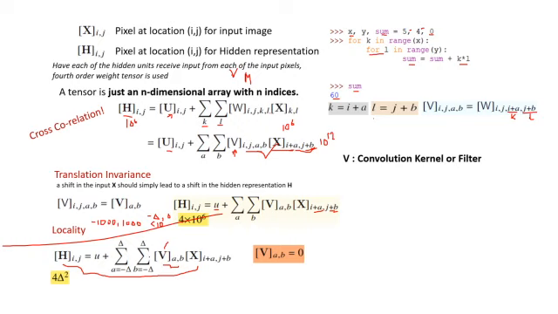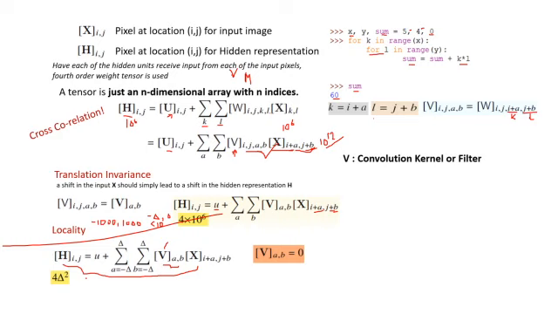Since this was 4 into 10 to the power 6 before, the number of parameters now becomes 4 into delta square, and since delta is typically less than 10, the number of parameters is quite computable. So we shifted from 10 to the power 12 to 4 into delta square.